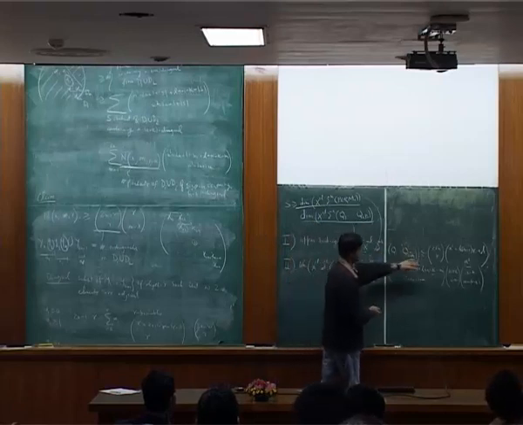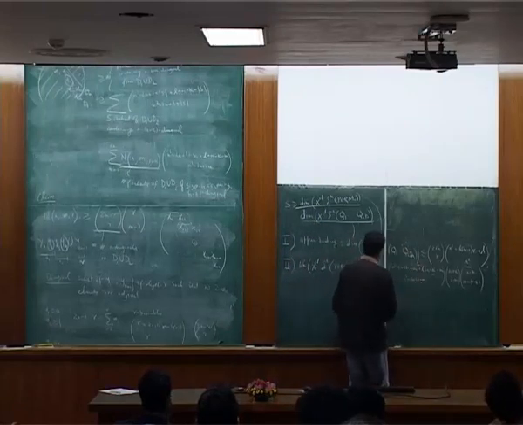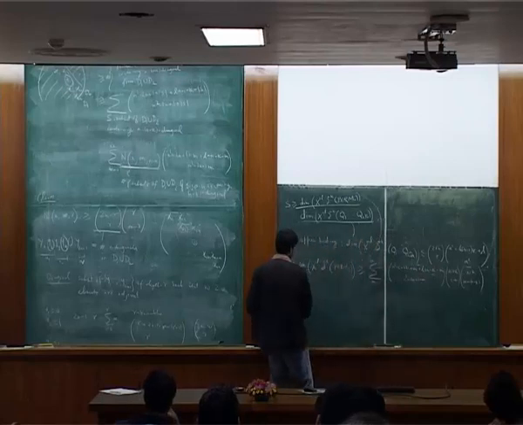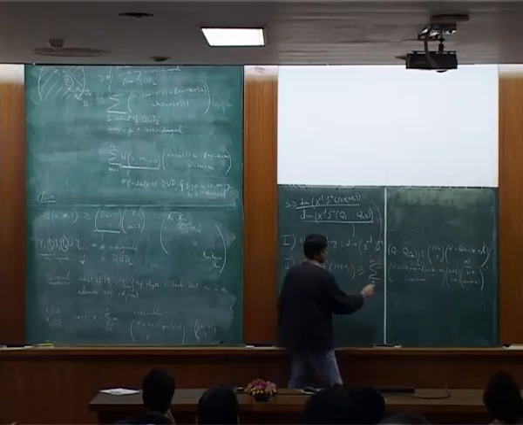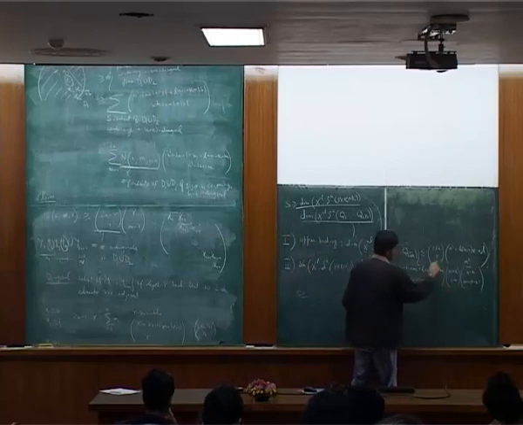So you just take the ratio of these two. So finally your S will be this quantity by this quantity that we just wrote down here.